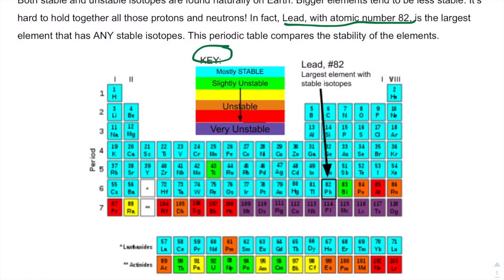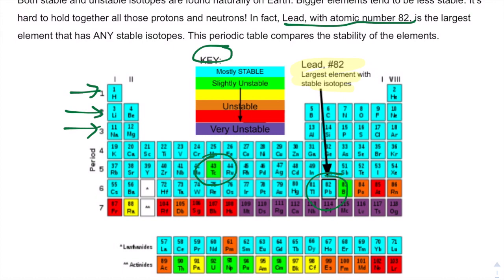And you can see as I travel reading left to right across the periodic table, the smaller atoms are mostly stable. There's one here that's green, but then we get to lead, Pb, here that's got the arrow pointing at it. It's the largest element that has any stable isotopes.